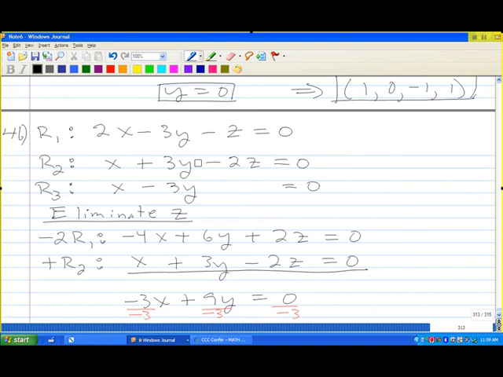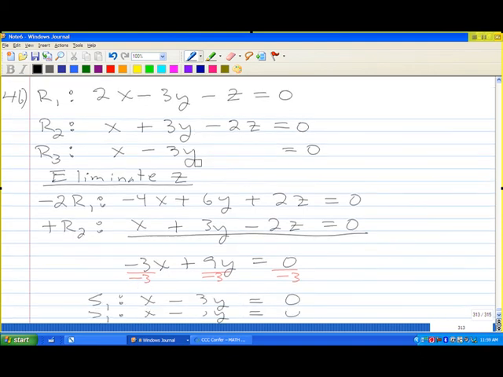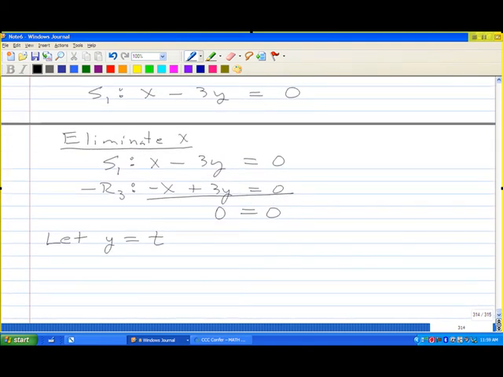So I really didn't even need that third equation. And so let's look at S1. So I get x minus 3y equals 0. And so add 3t to both sides of your equation. So it says x is equal to 3t.